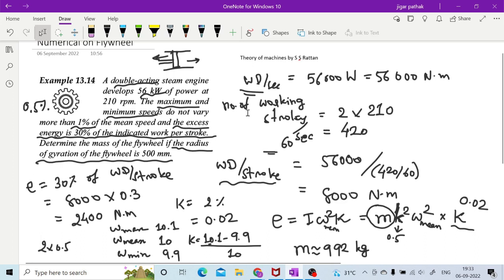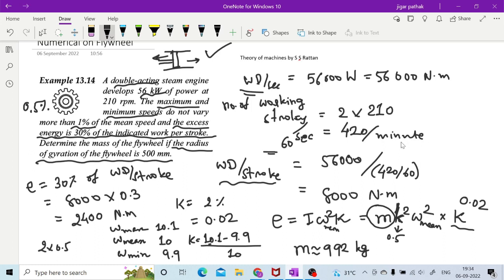Then the number of working strokes per second you have to calculate. What we have seen is, as it is double acting, the number of strokes will be double the revolutions given, because in one revolution you will get 2 strokes, as I have mentioned here. So in one revolution 2 strokes means a total of 420 strokes per minute.